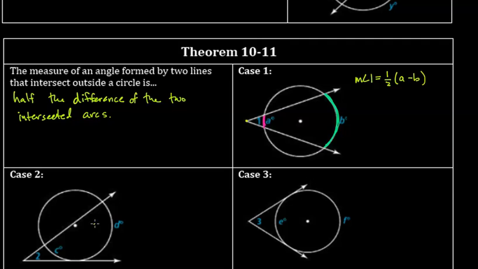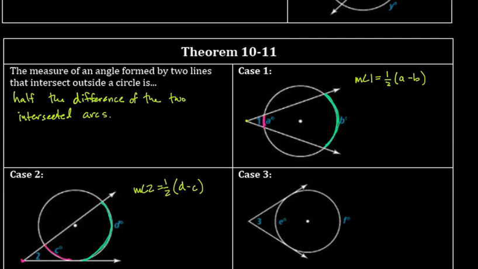So in that case, we would still have two intercepted arcs, right? We'd have this arc here that's close to my vertex point, and then we'd have this arc out here that's a little farther away from my intersection point. But I'm still going to say that the measure of angle 2 is going to be half of the difference between those arc measures, so D minus C.